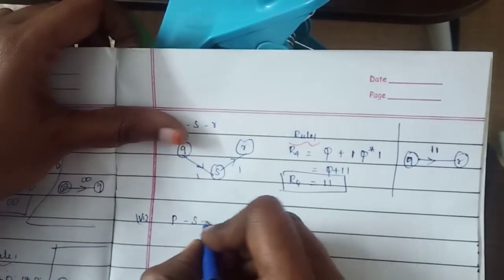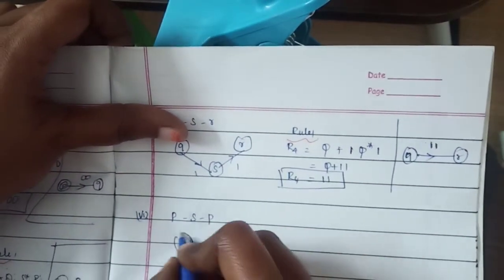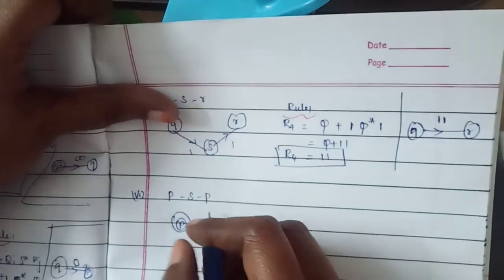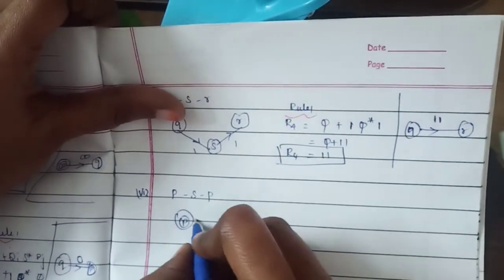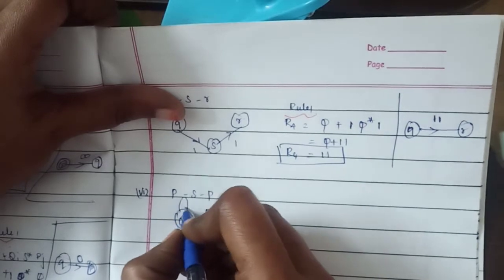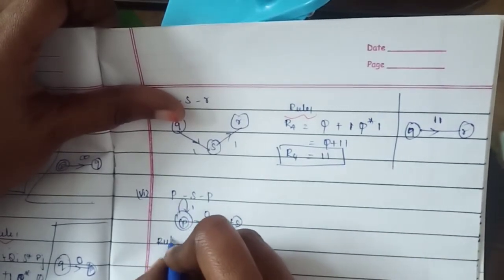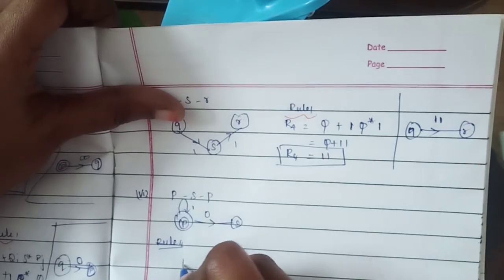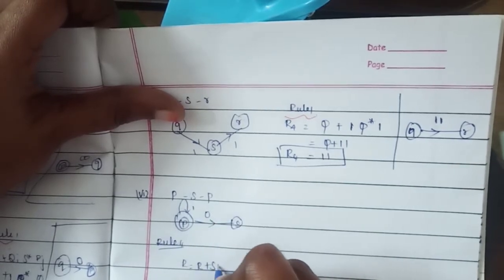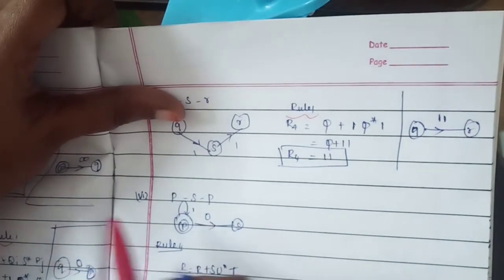So PSP, so when you have this, right, PSP, so for P S 0 1, for this rule 4 will be used, which is known as R equal to R plus S U closure T. So this is rule 4.